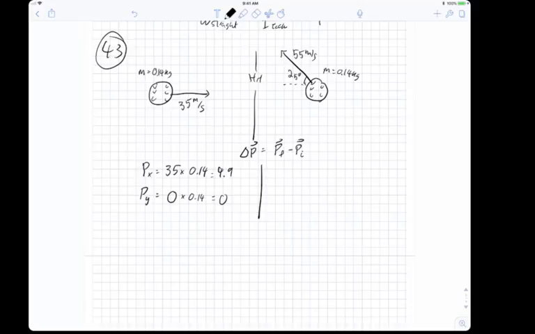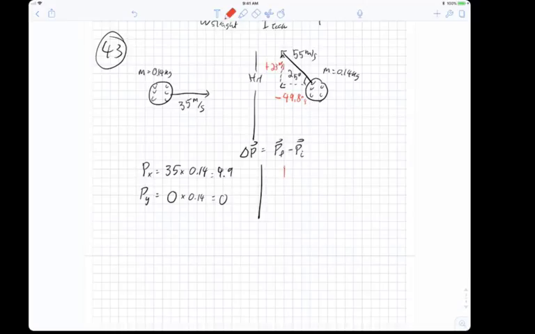Afterwards, I need to start by figuring out what the components of this velocity are. So I'm going to use trigonometry on this. 55 times cosine of 25. So that's minus 49.8 meters per second. That's the x component. And the y component is 55 times sine of 25. It's going up, so it's going to be plus 23 meters per second.